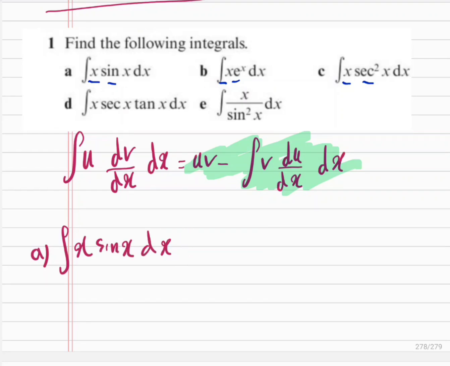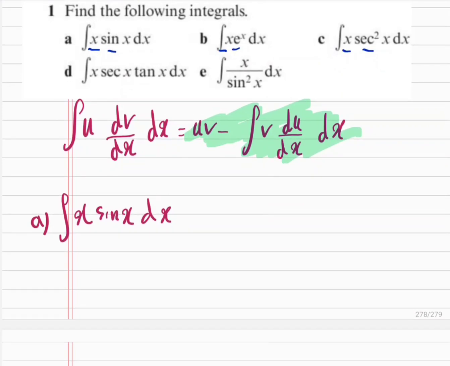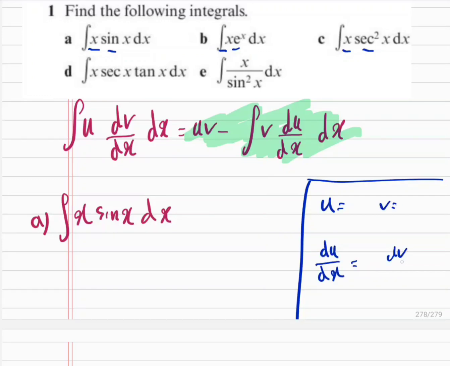As I said, we need to make two choices at the beginning. First of all, write down u, du dx, v, dv dx. Then you need to make two choices: what is equal to u, and what is equal to dv by dx.